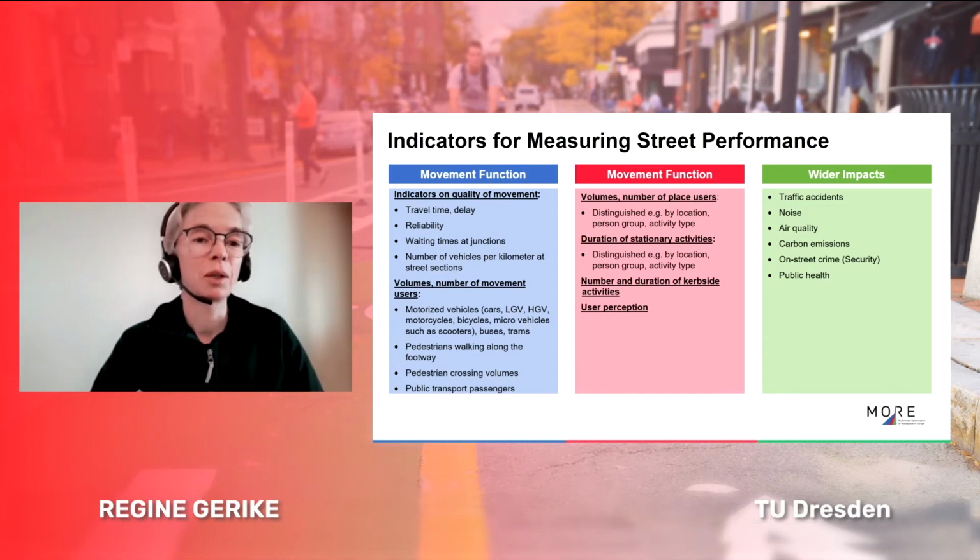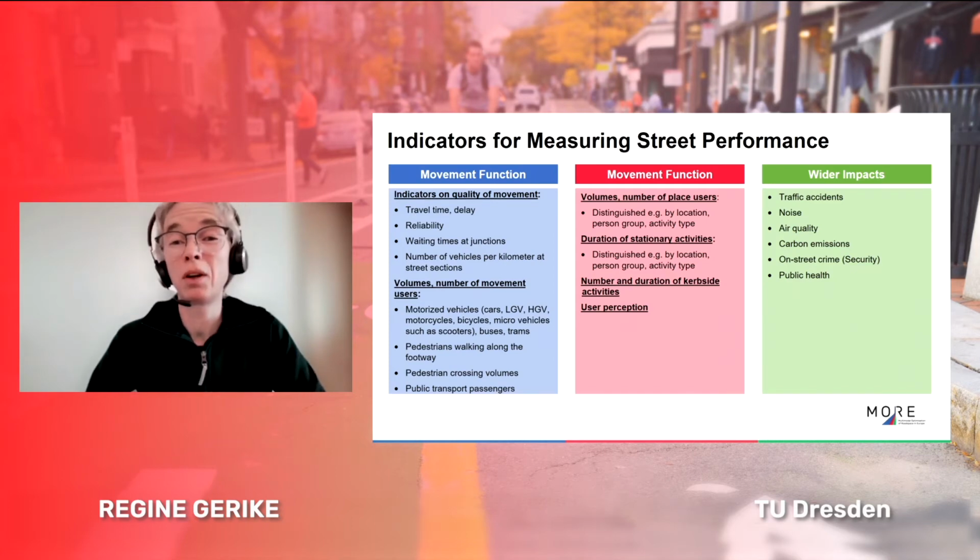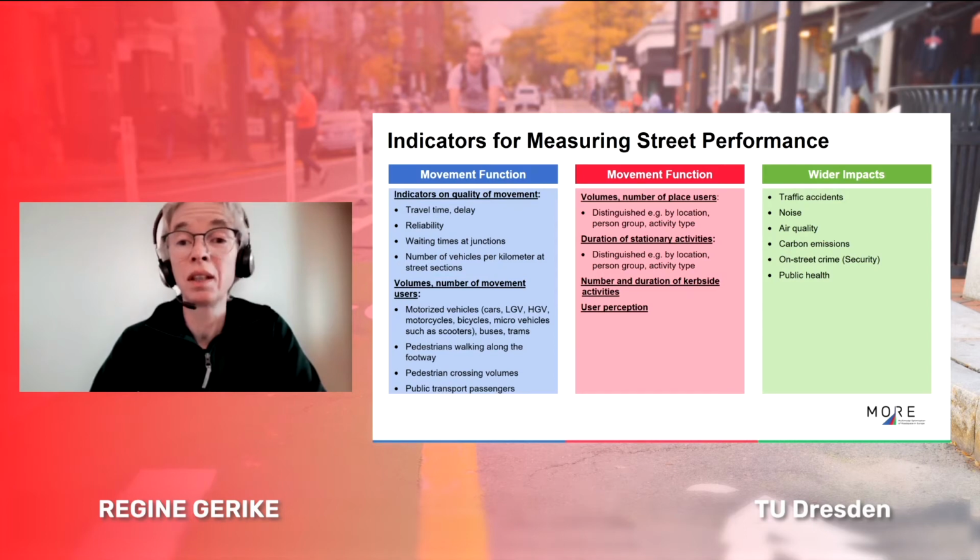So the indicators that we identified include for the movement function indicators on the quality of movement and then on the volume. So we also make progress when we just succeed in increasing the number of cyclists or pedestrians, for example, in our streets.